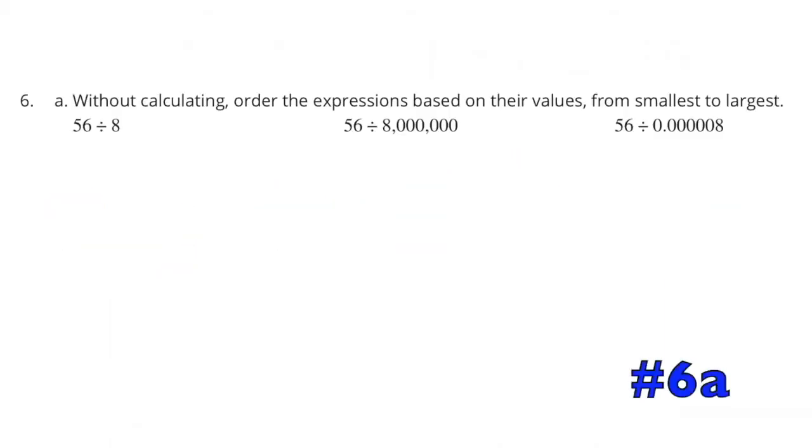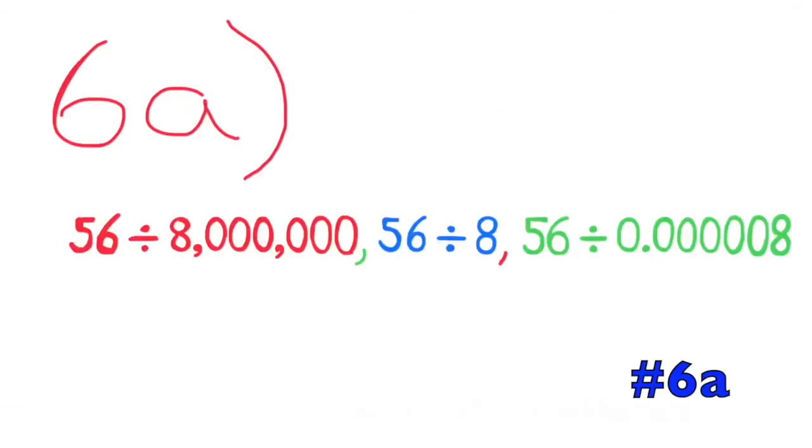Number 6. A. Without calculating, order the expressions based on their values from smallest to largest. 56 divided by 8, 56 divided by 8 million, and 56 divided by 8 millionths. Their values from smallest to largest would be 56 divided by 8 million.